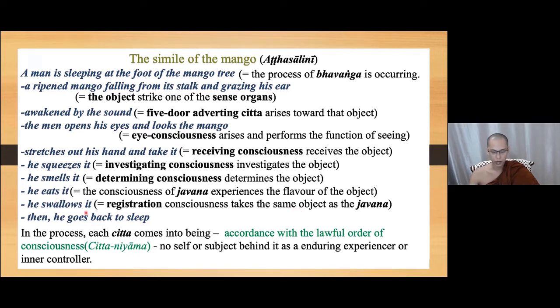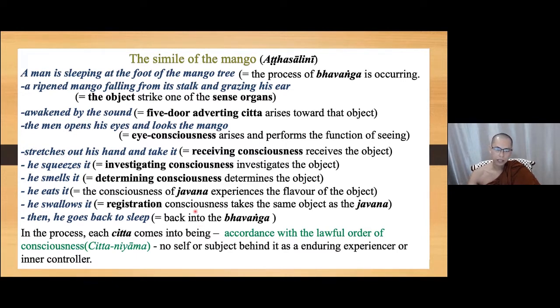So eat and swallow: the javana and registration. Then, like the man going back to sleep, after the registration the process goes back into the bhavanga again, until another object strikes the sense organ to give rise to another cognitive process.